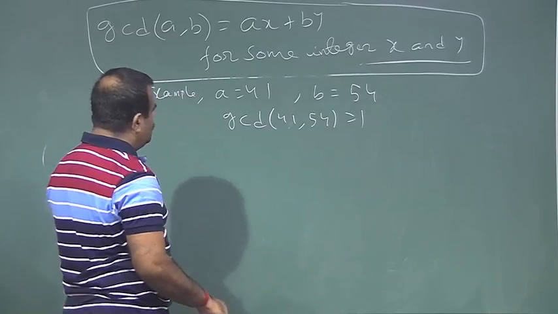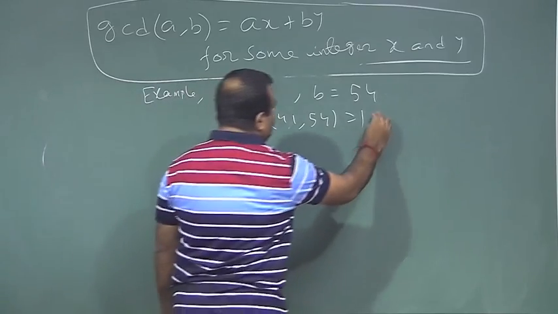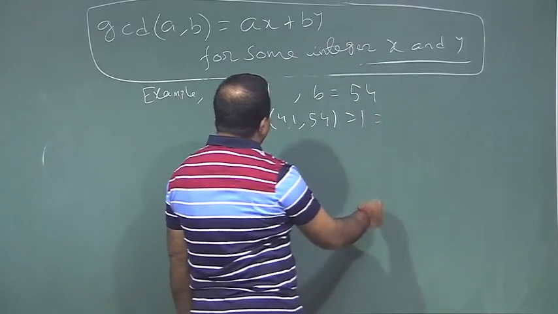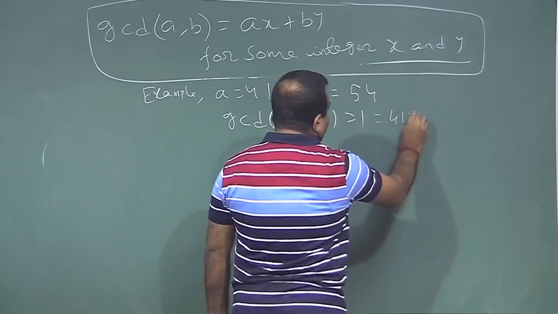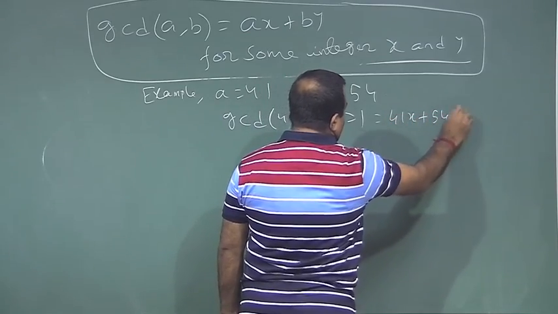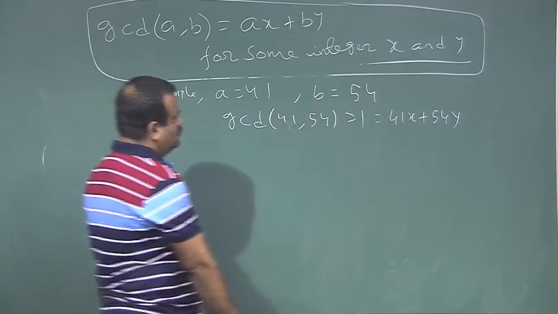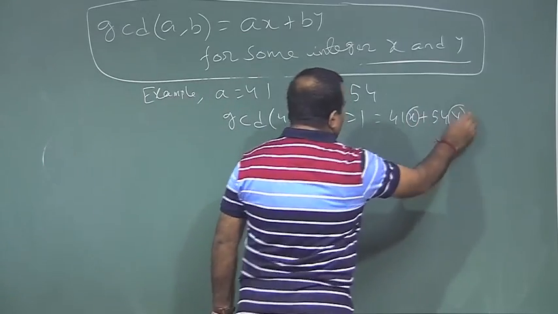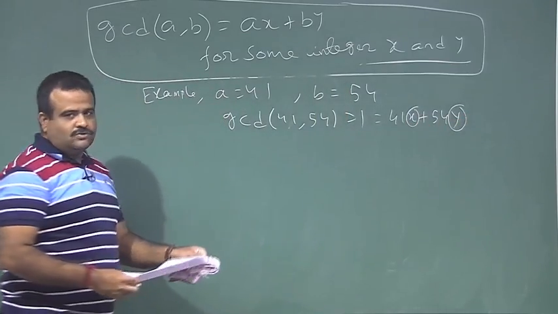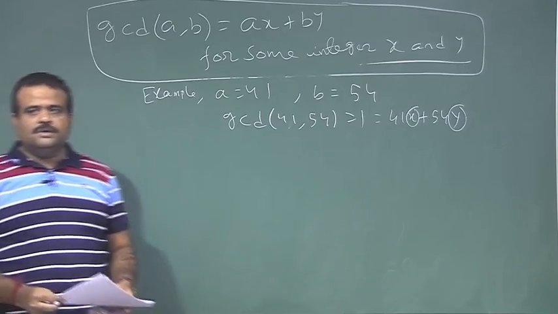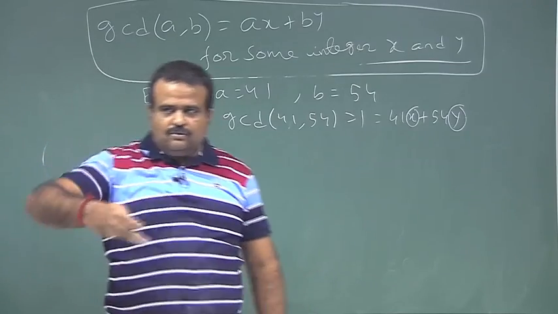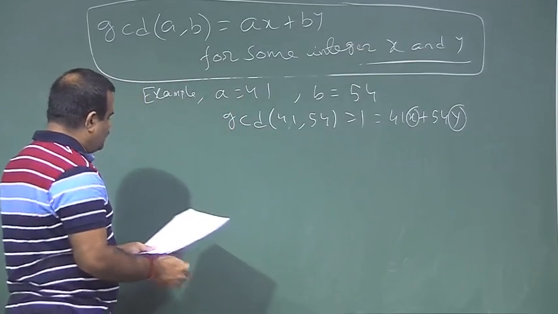That means we must get two integers x, y such that 1 is 41x plus 54y. How to get such x, y, that is the question. To get x, y, we follow the Euclid algorithm's remainders, then we go back like this. Let us try that.